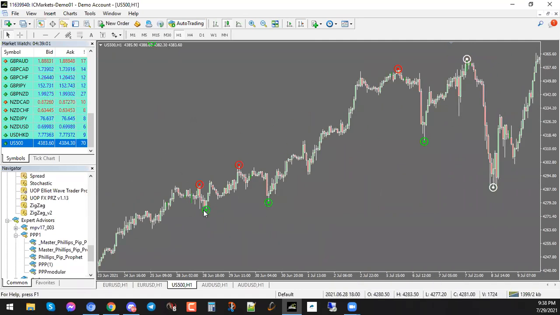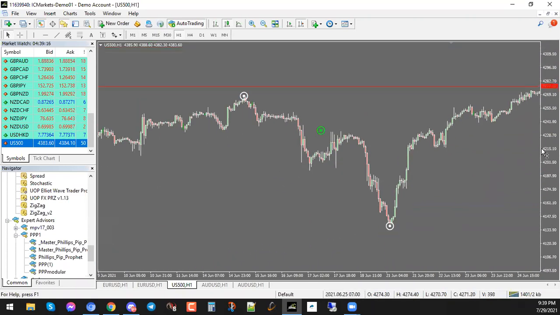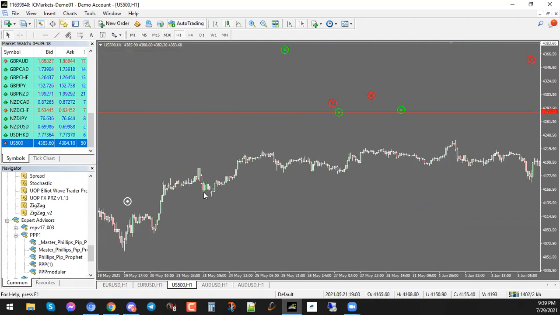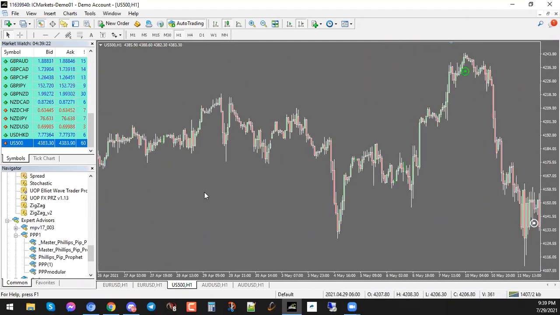We got a buy setup over here. I set my support. And I can go back and look to see if this level held. Okay, this level looks like it was too high as well.